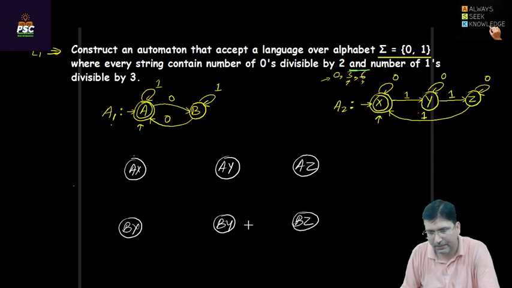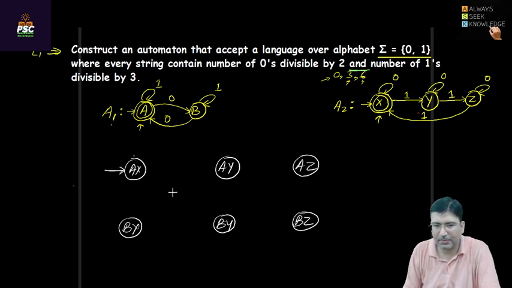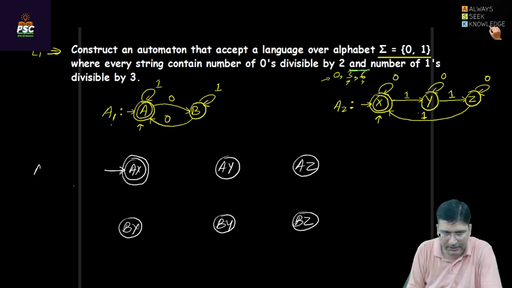and BZ. Okay, initial state is AX, and because this is an intersection operation, wherever both these states are combined, those are final. So A is final here, X is final here. That means AX will become final for this operation. So what exactly are we doing here? A1 intersection A2.